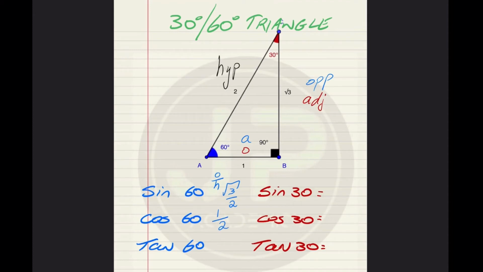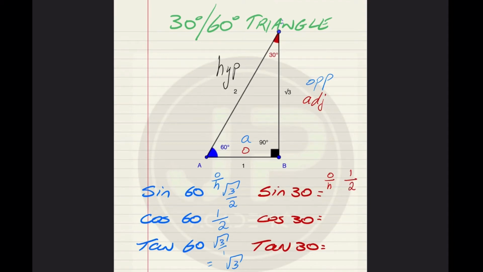And tan, from SOHCAHTOA, we know is opposite over adjacent, which is root 3 over 1, which is just the same as root 3. If we change to the 30-degree angle, we're going to use the same steps, but we're going to use the correct sides relative to the 30 degree. So sine, again, we know is opposite over hypotenuse. Opposite relative to the 30 degrees is going to be 1. The hypotenuse is going to be 2.